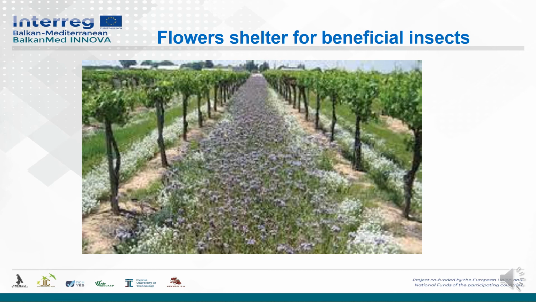And in this case, keeping them in control, they don't compete with the vineyard. From the photo, you now are familiar, for example, with Phacelia present. It is an important plant that is a shelter for beneficial insects.